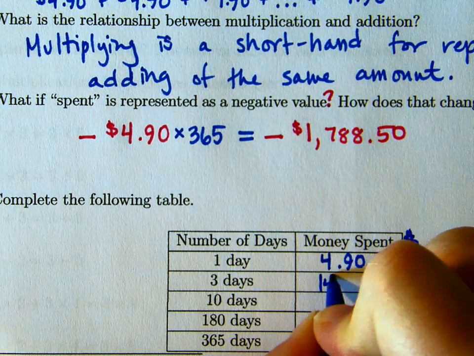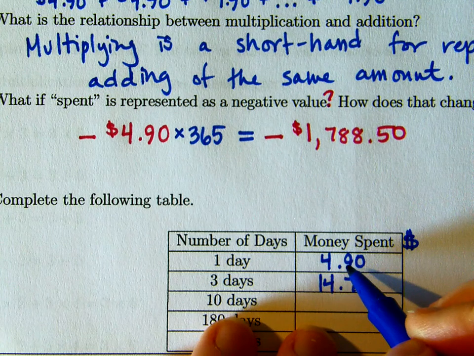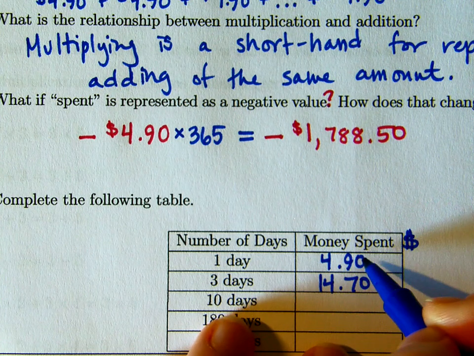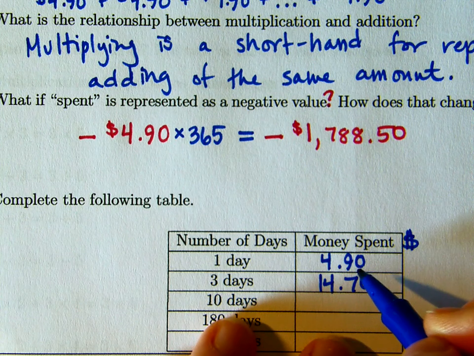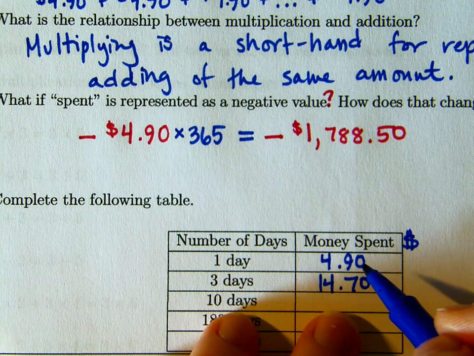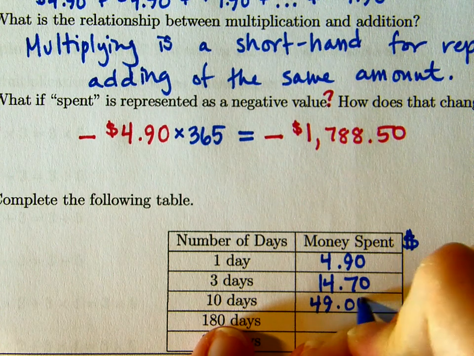Okay, so $14.70. Oh, 10 of these. Well, 10 times $5 would be $50. So 10 days, $4.90 each day, or $4.90 10 times is $49.